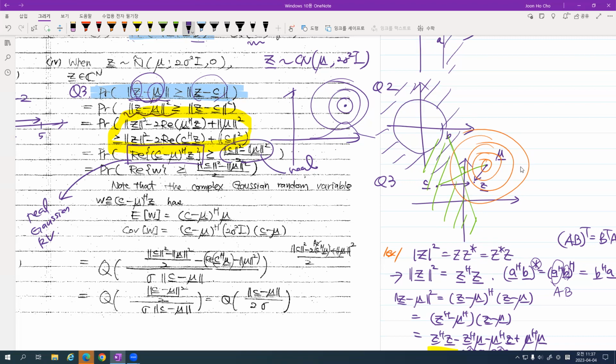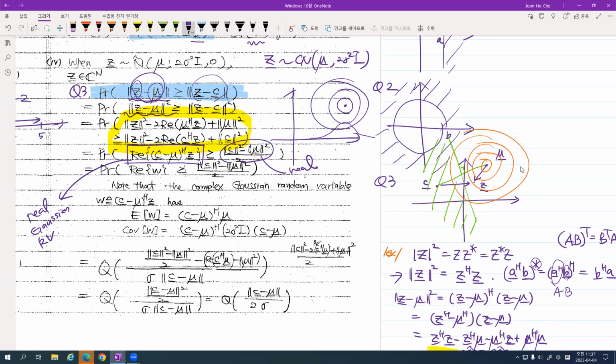And here goes the computation and done. So you have eventually Q of something. And let's see what it is geometrically. The numerator is the distance between mu and c.